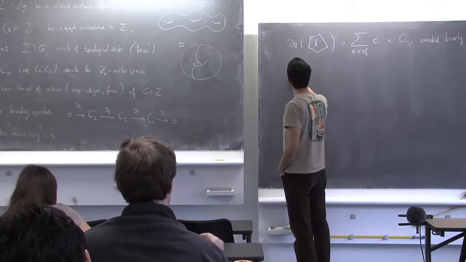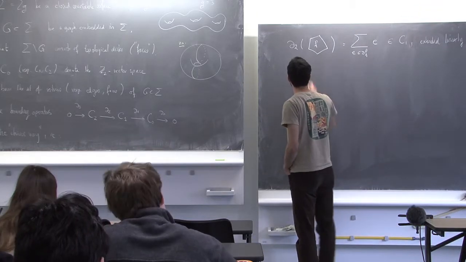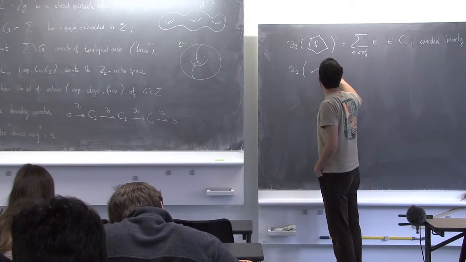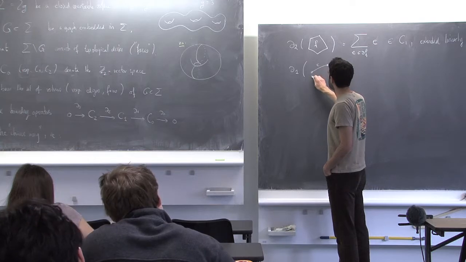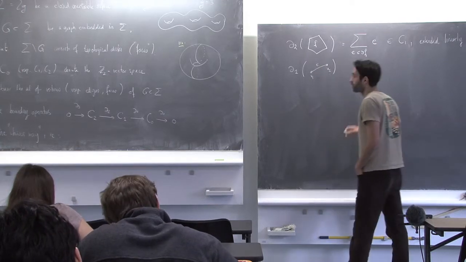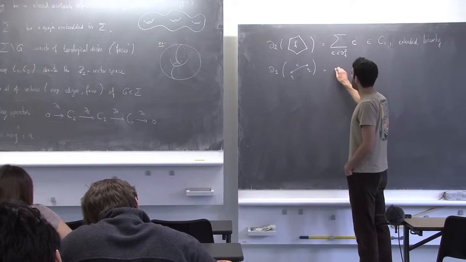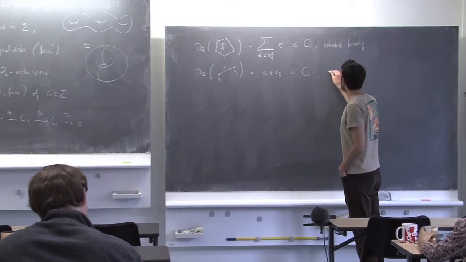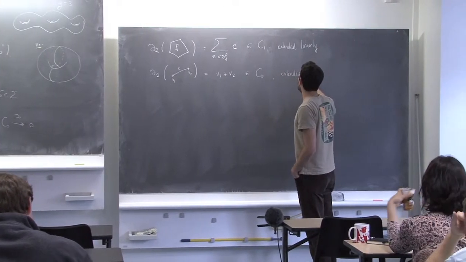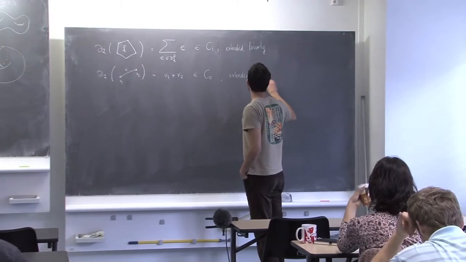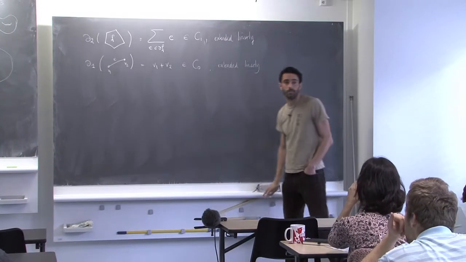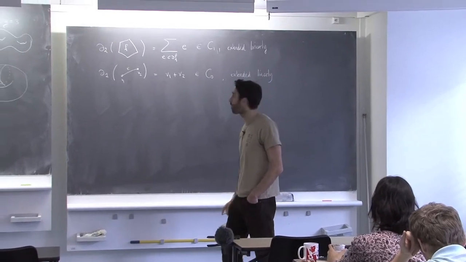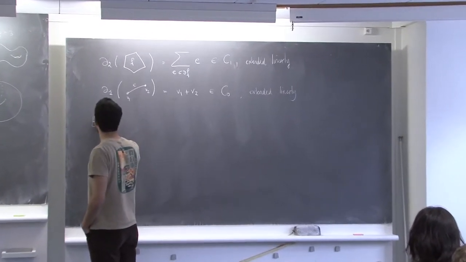Okay. And then I need to define the one boundary, so delta 1 of an edge. So if I have an edge E with vertices V1, V2, I of course define this as V1 plus V2. And this lies in C0, and again, I extend it linearly. Okay? Now let me just draw a couple of examples.